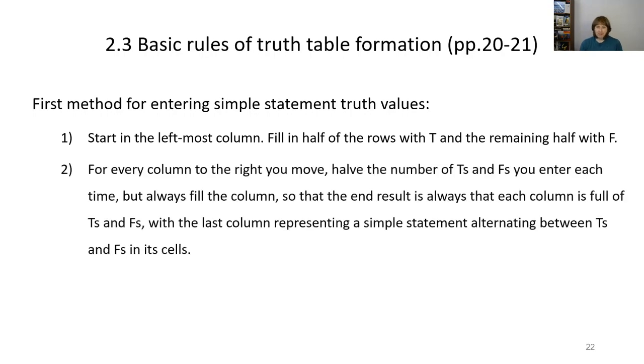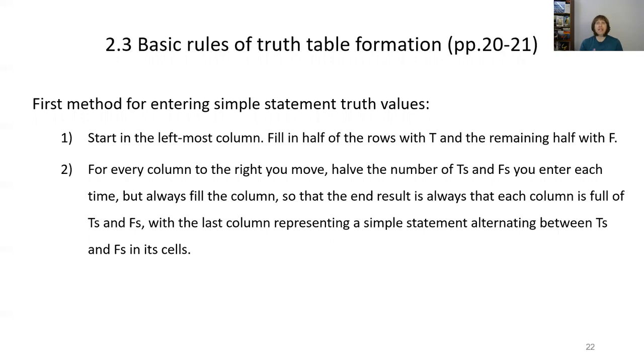The second step, for every column we move to the right. So we start in the leftmost column, we fill in half true, half false, and then move over one column. Now, we halve the number of trues and falses that we enter each time, but we always fill the column, so the end result is that the column is always full of trues and falses.